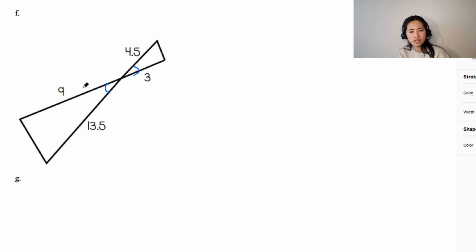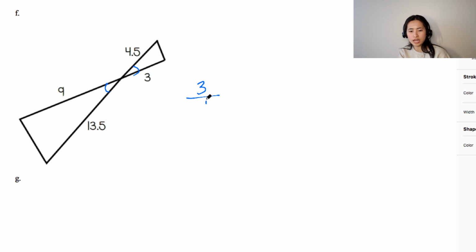Because I know that 3 is shorter compared to 4.5, that's why I'm supposed to compare it with 9. And I'm comparing 4.5, which is larger compared to 3, with 13.5 because 13.5 is larger compared to 9.